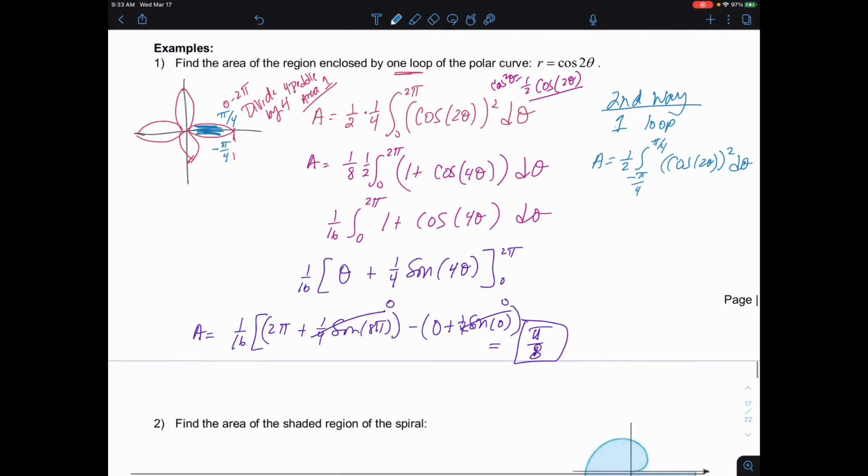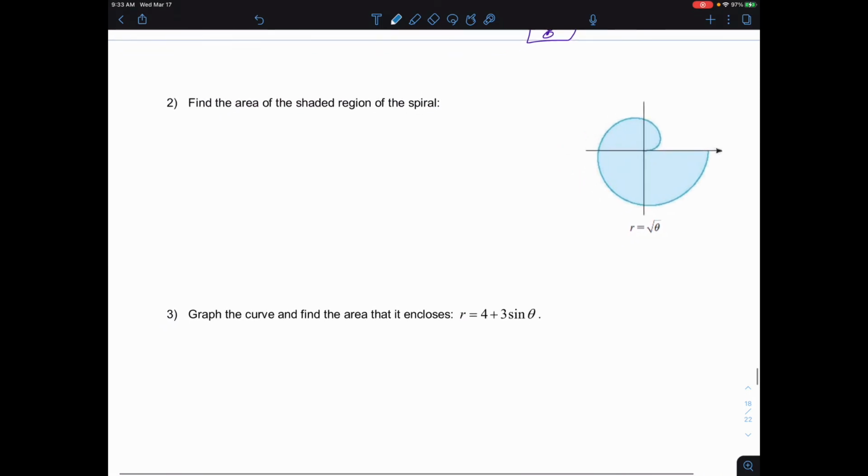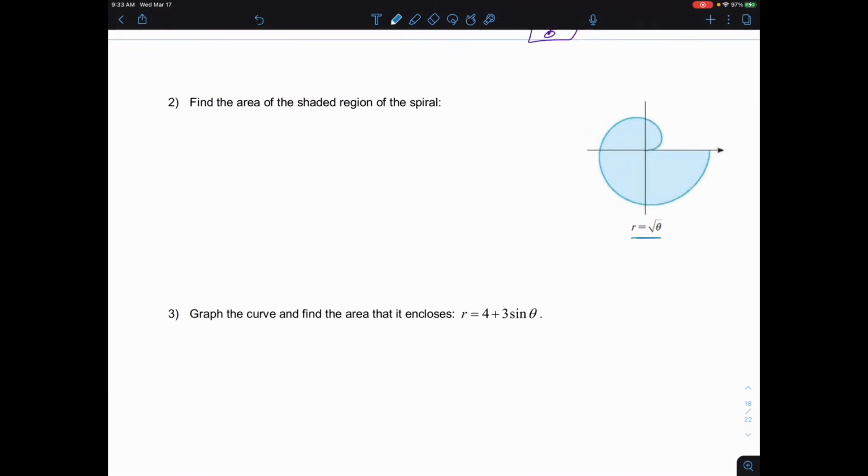Let's look at our next example. Find the area of the shaded region of the spiral, and they're giving you the formula. The spiral is r is equal to 2 theta, and again, put it in your Desmos calculator, but you can almost think I'm going around in my circle, right? So I'm going to go from 0 to 2 pi to complete that. So that's my bounds. So my area is 1/2 the integral from 0 to 2 pi of r squared, so the square root of theta squared d theta.